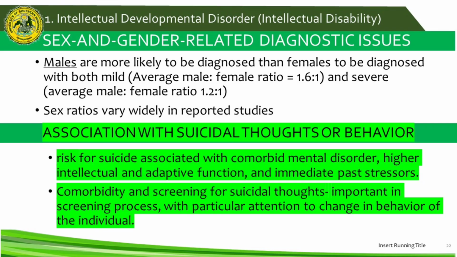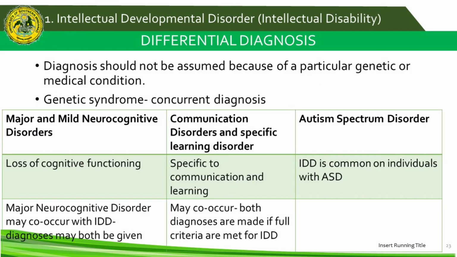For the differential diagnosis, so the diagnosis of intellectual developmental disorder should be made whenever criterion A, criterion B, and criterion C are met. If merong genetic syndrome na nagmula sa intellectual developmental disorder, it should be noted as a concurrent diagnosis.